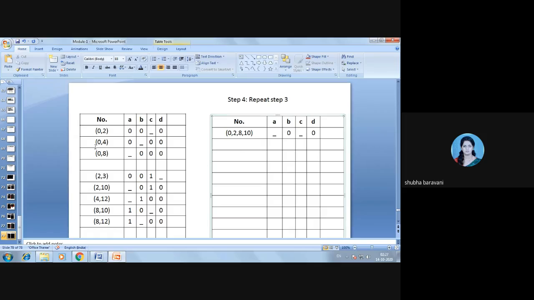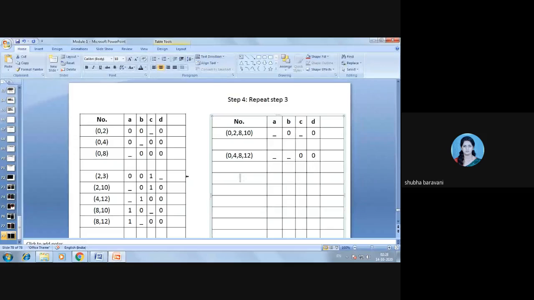Next 0, 4. 8, 12 maybe. 0, 4, 8, 12. Don't care, don't care. 0, 0.